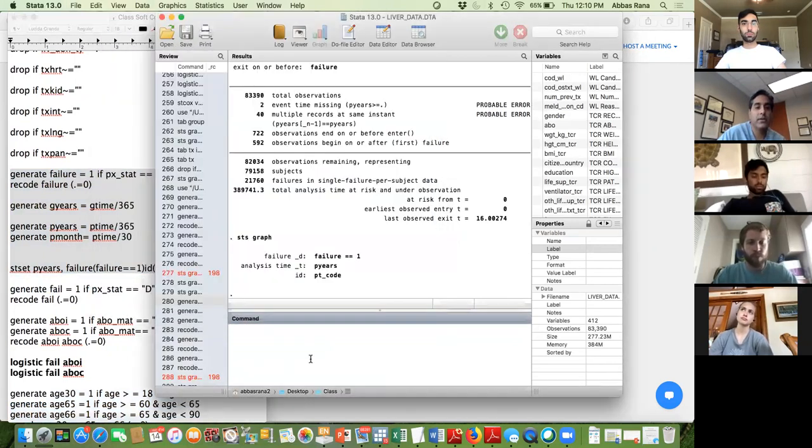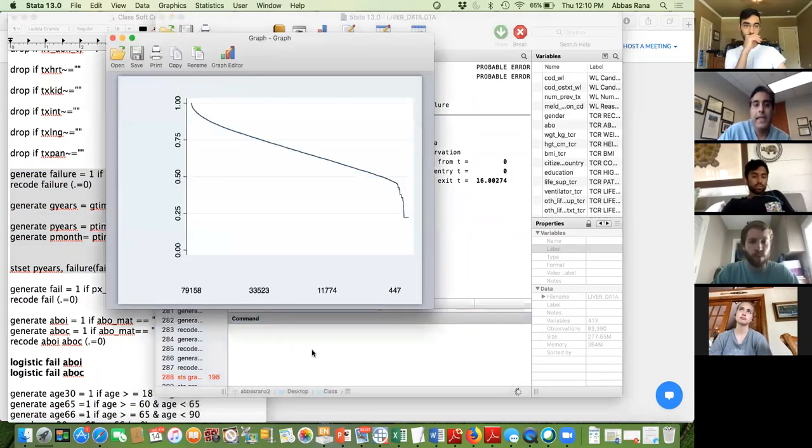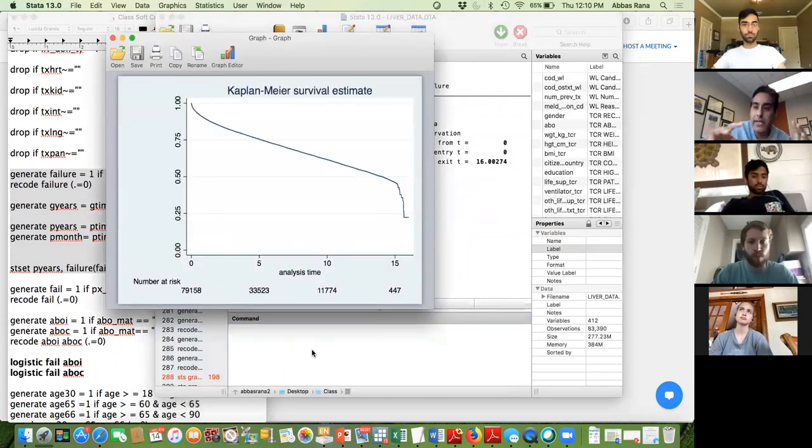Actually, I want to do something better. Okay, so what a Kaplan-Meier does is it's looking at the entire experience of 80,000 patients that we've transplanted. And it wants to put them all at the beginning as if they were all transplanted on the same day. You guys can see my arrow, right? Everyone can see that?